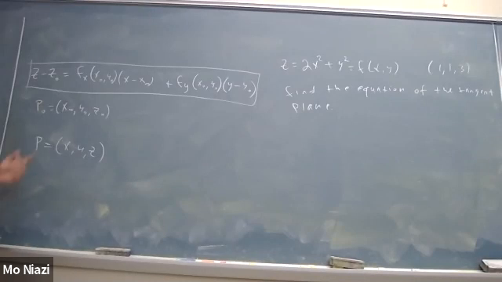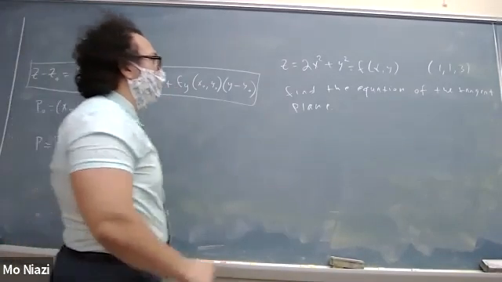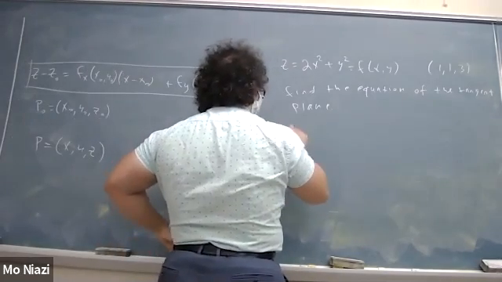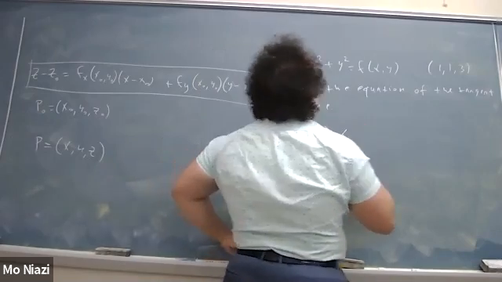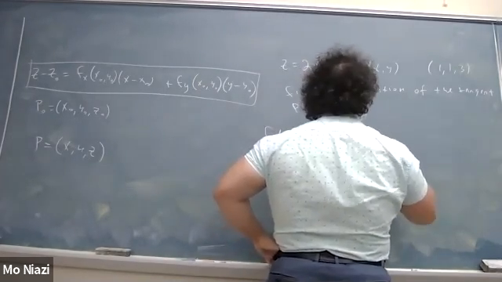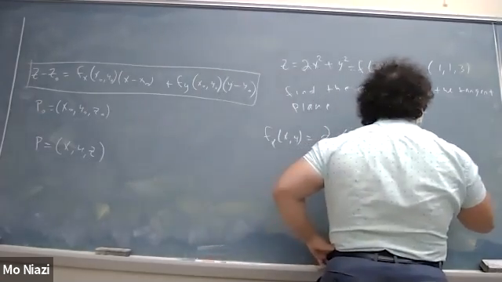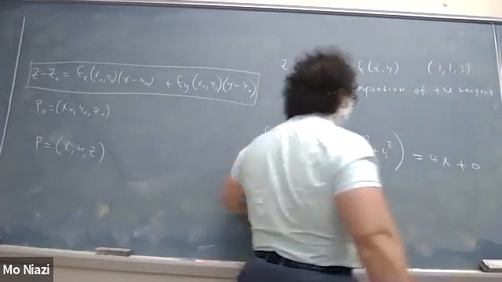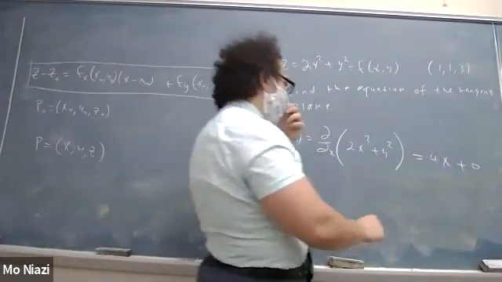So clearly, we're going to have to take some partial derivatives with respect to x and with respect to y. Okay, this reduces to, because it perceives that y squared as just a constant, so this just becomes 4x.